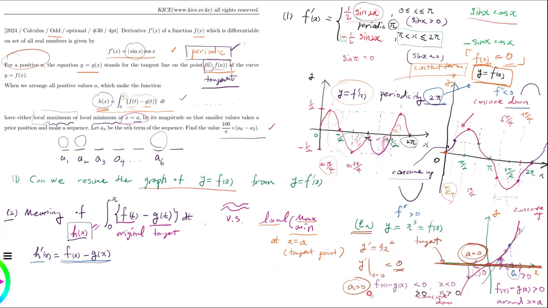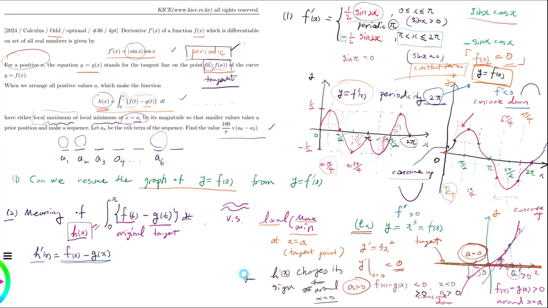So in this case, we can say that h prime of x changes its sign around x equals 0.